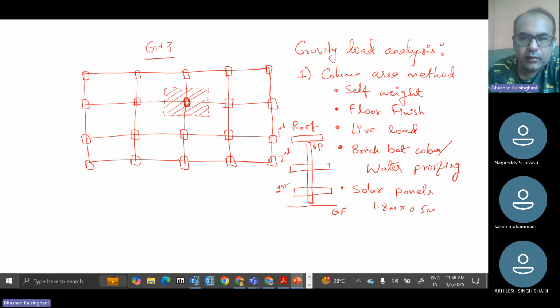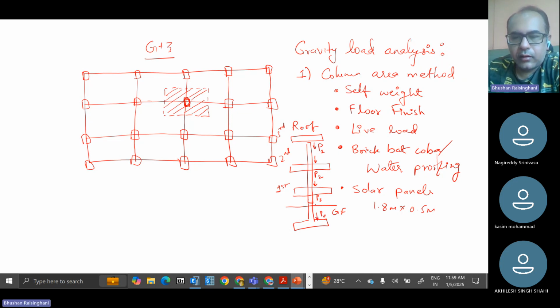You will get some moment, and this load will be transferred to this particular level. So if I say it as P1, this will be your P2. Again, it will be P3, and finally on the footing that you are going to make below ground. Okay. So finally it will be P4.